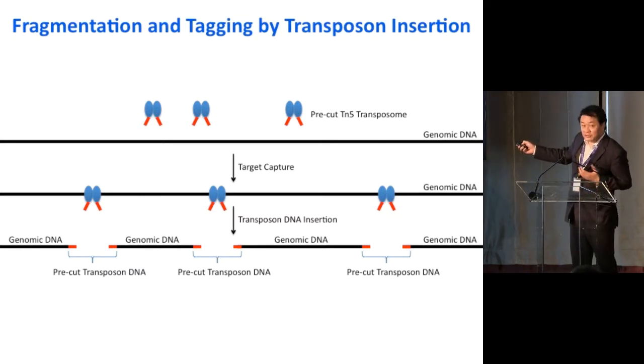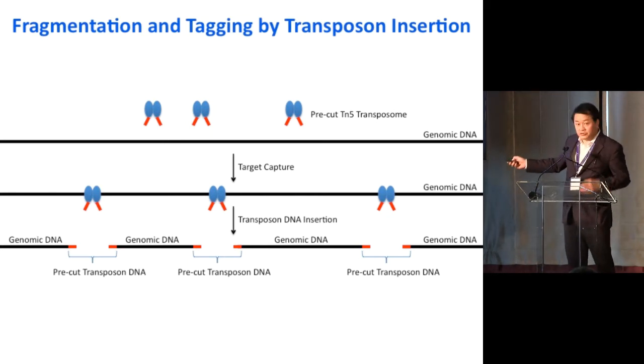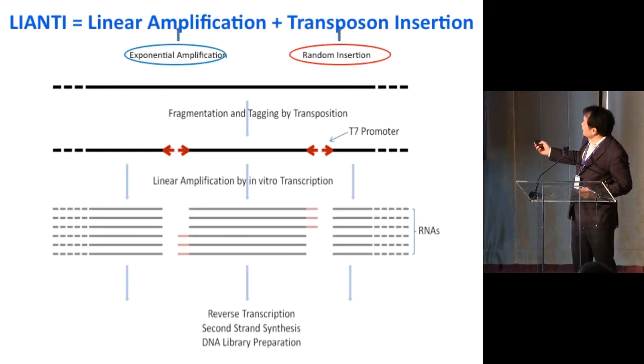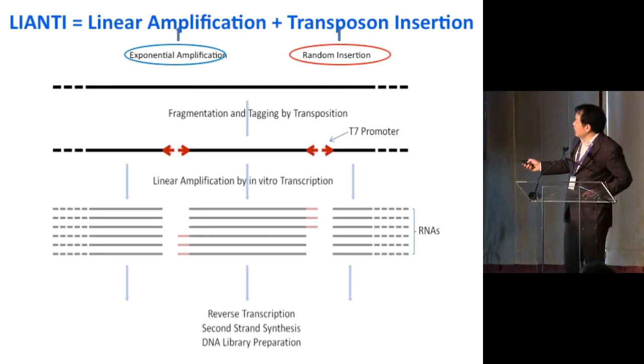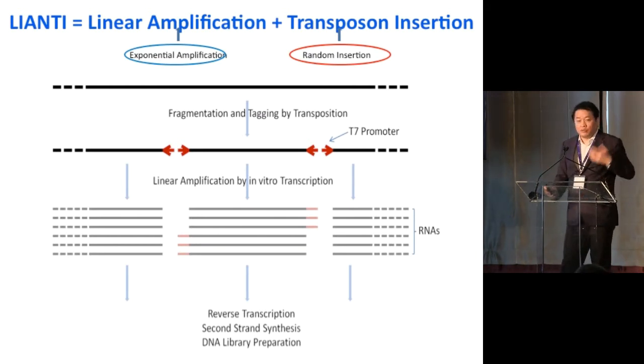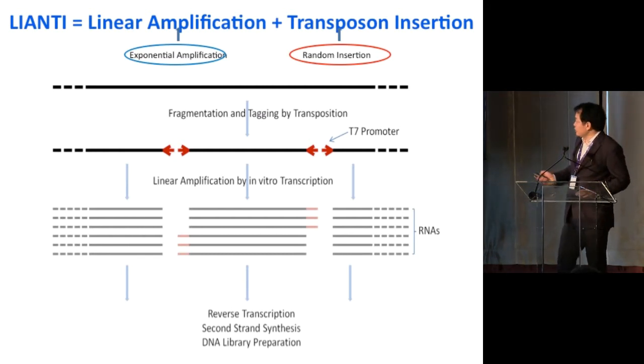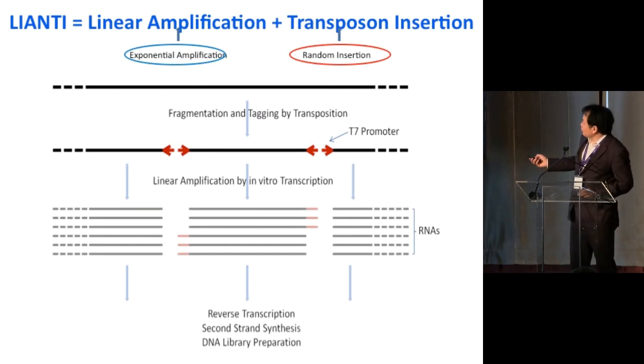This is a transposon dimer, and once it's inserted, then we have these two sequences that could be used for amplification. Now, the key here is to do the completely linear amplification. We do that by in vitro transcription overnight, not too long. This gives us much better coverage, much lower allele drop-off.